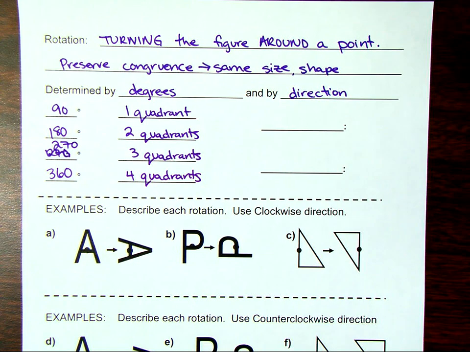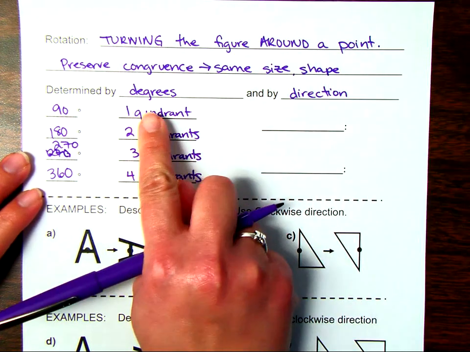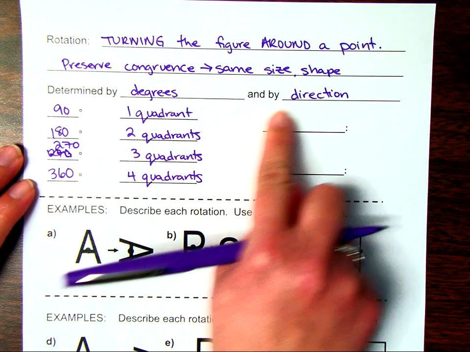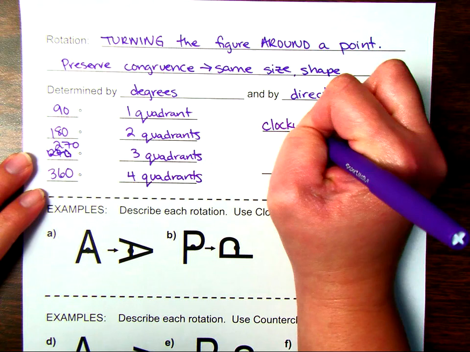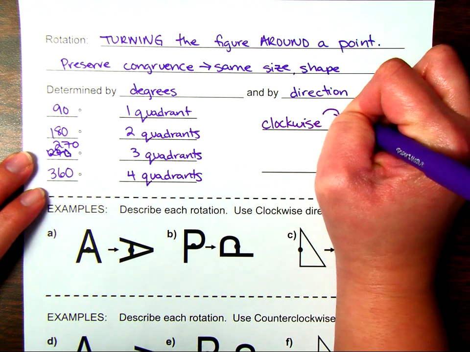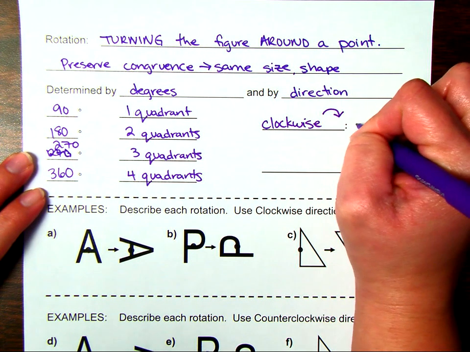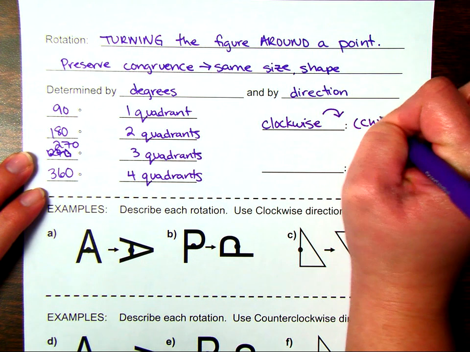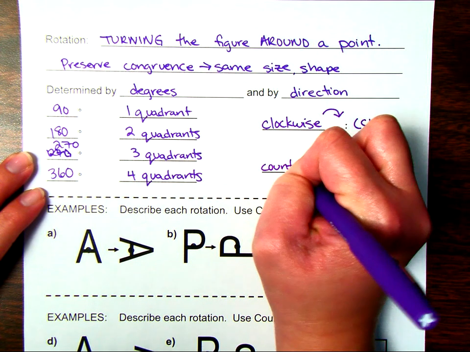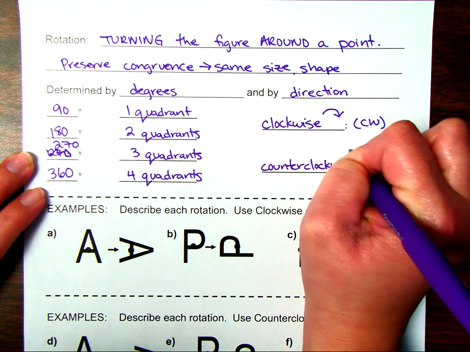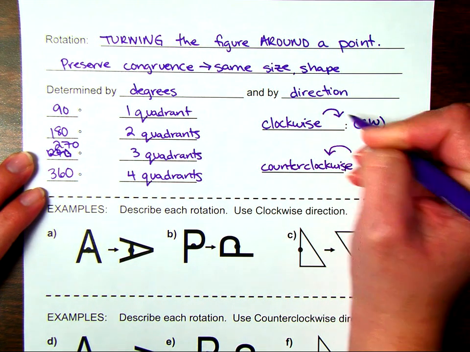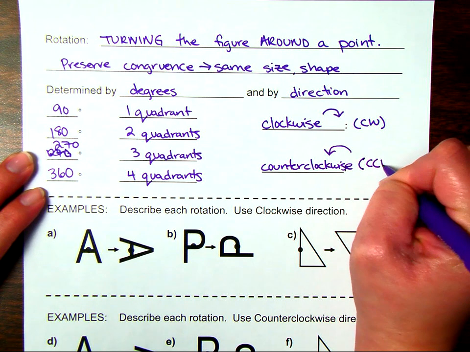Okay? And then the other thing is the degrees are right here, and the directions are either going to be clockwise, which we're going this direction, and I'm just going to abbreviate that as CW, or counterclockwise, and that's going from right to left, and that's going to be CCW.